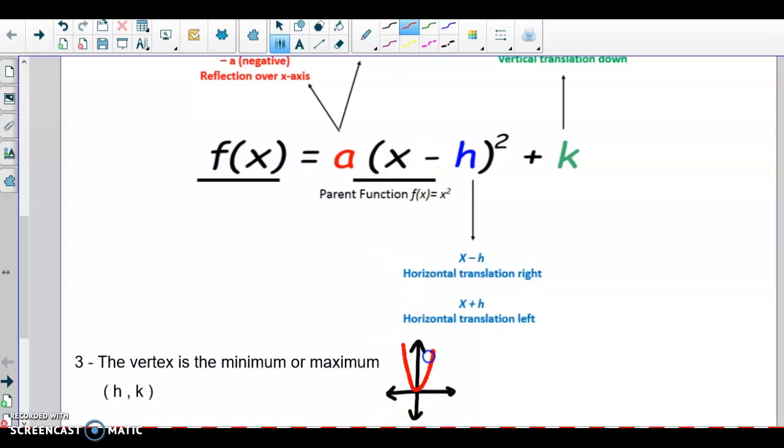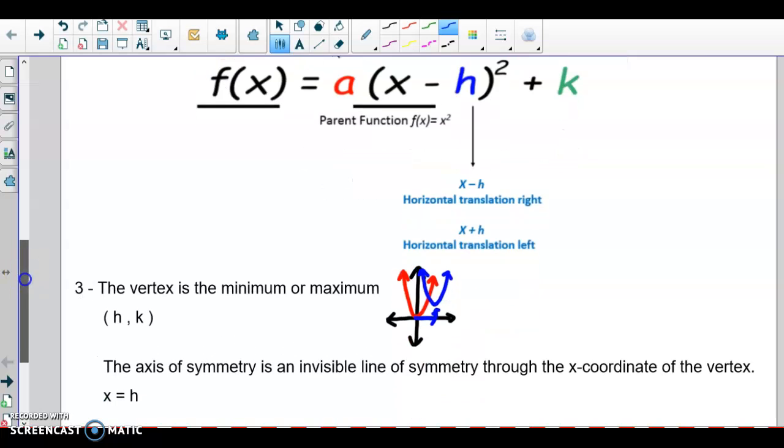If I shift this parent, let's just say to the right and up, and you had a question similar to this on your test. If that shifted right and up, my translation meant I had a minus H and I had a plus K over here. So whatever H and K are will tell us our vertex.